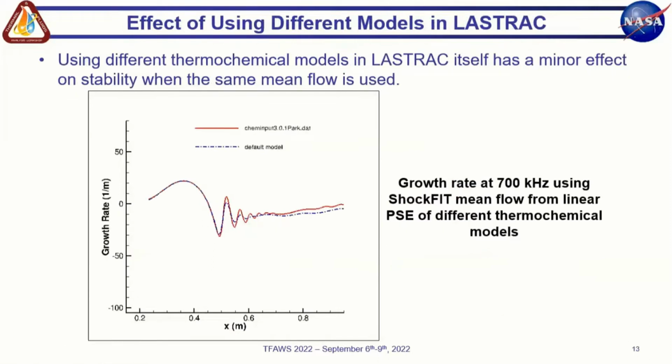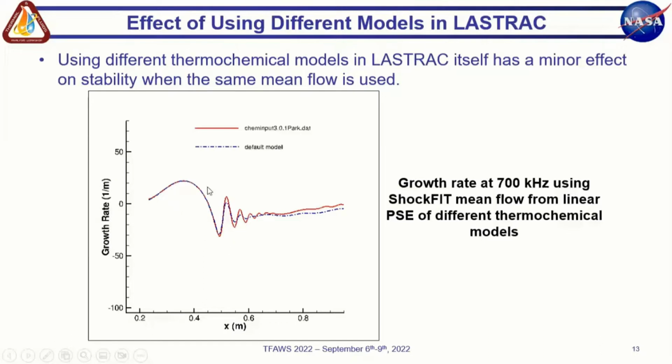The other one, as I mentioned, we also use a single mean flow. We just use the shock fitting mean flow and use different models in LASTRAC. One is the default models that are listed in the table, and the other one is where we use the Park model to calculate the chemical reaction equilibrium constant.